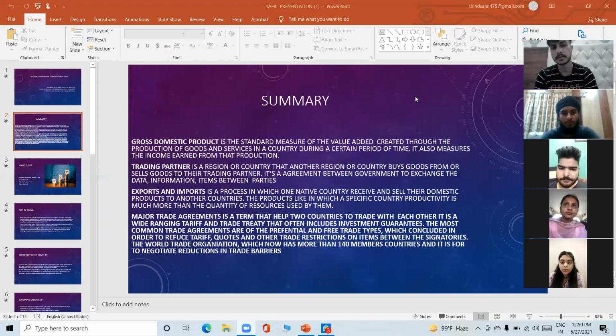The most common trade agreements are of the preferential and free trade types, concluded in order to reduce tariffs, quotas and other trade restrictions on items between the signatories. The World Trade Organization, which now has more than 140 member countries, exists to negotiate reductions in trade barriers.